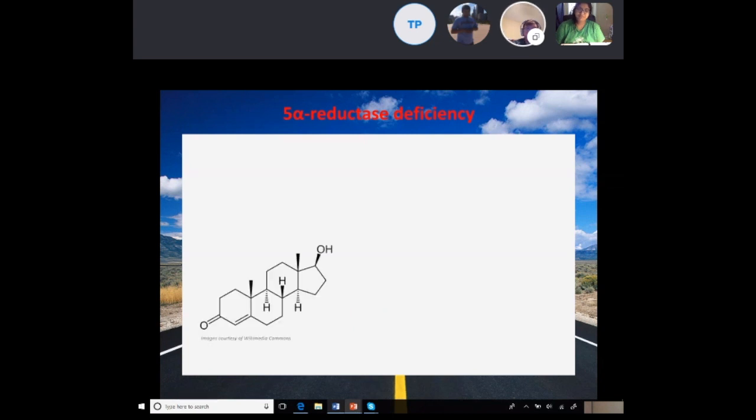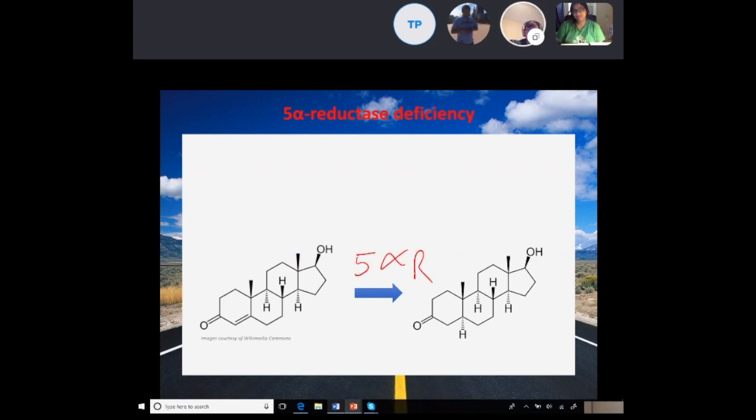Okay, 5-alpha reductase deficiency. So this is testosterone, and that is dihydrotestosterone. And in the middle, we have 5-alpha reductase to make that happen.